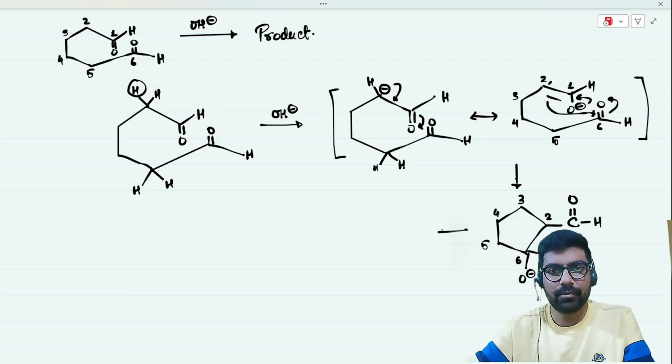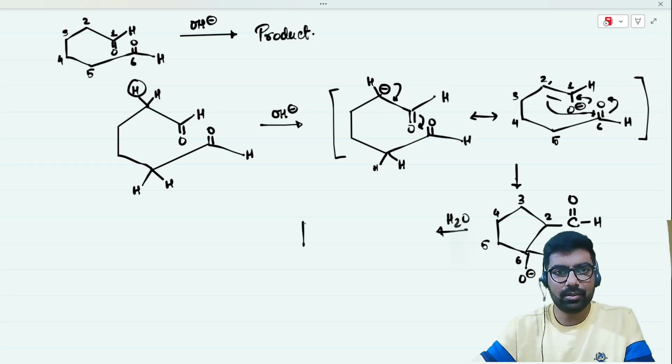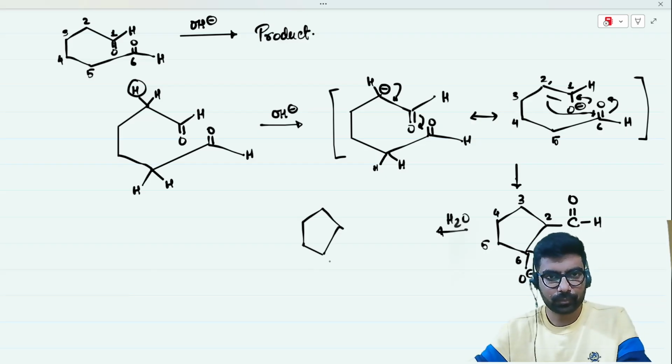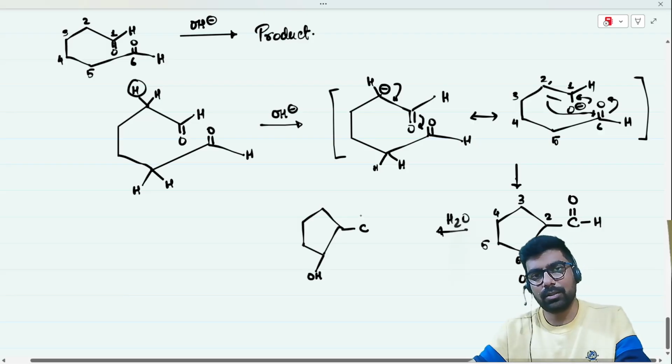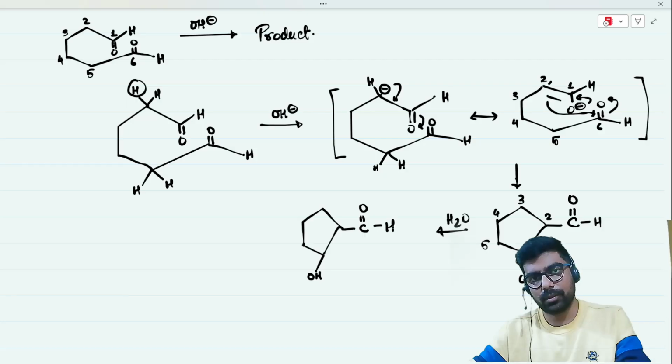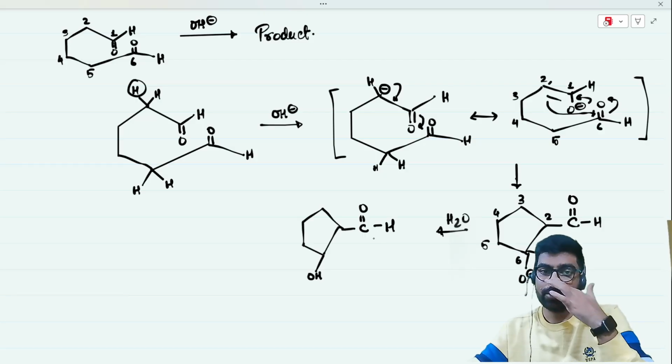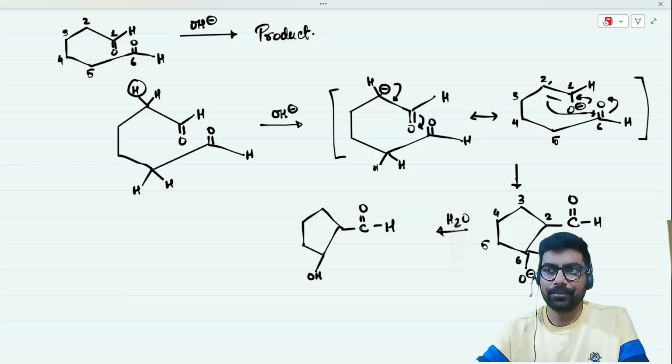Now again, in presence of H2O, what will happen? O minus will gain the proton, so we will have OH and we have a C double bond OH. So something like this, the product will be there.